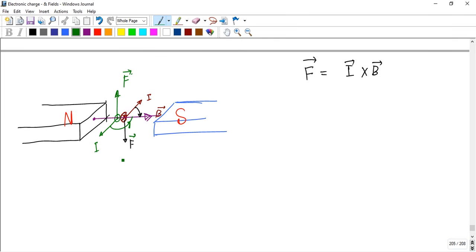So there is a magnetic force related to the current cross magnetic field. That's very important. Now let's take another example for a better understanding. There is a wire, suppose that is a wire.